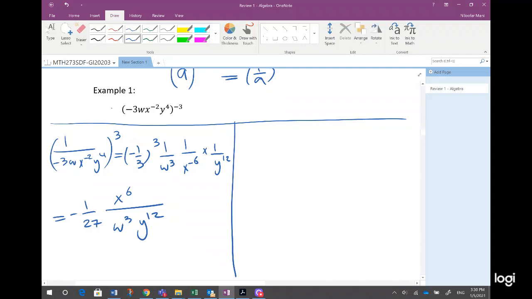That's one method. Another method here, I can do minus 3 power minus 3, w power minus 3, x power minus 2 times minus 3, and y power 4 times minus 3. Okay, so equal.